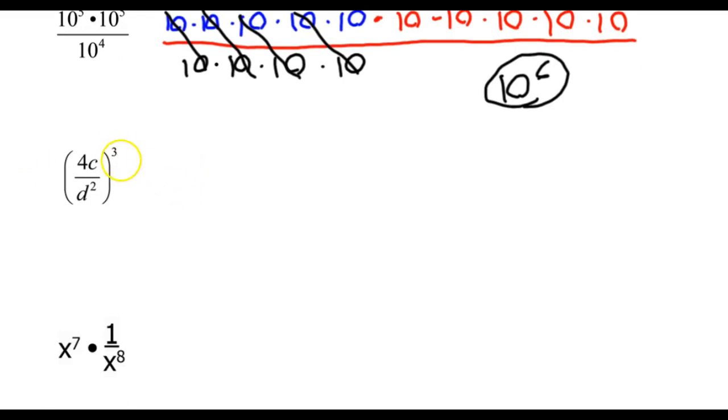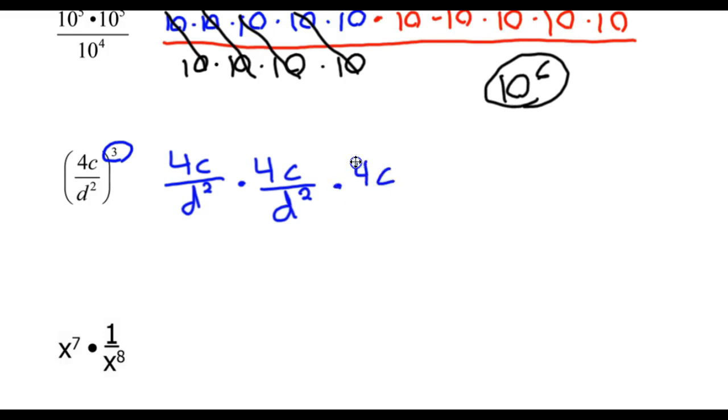Here, this 3 is telling us that we have 3 groups of this whole thing. So I'm going to write this whole thing 3 times. So 4c over d squared times 4c over d squared times 4c over d squared.